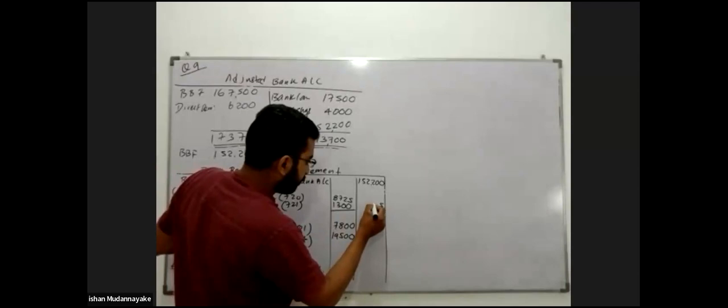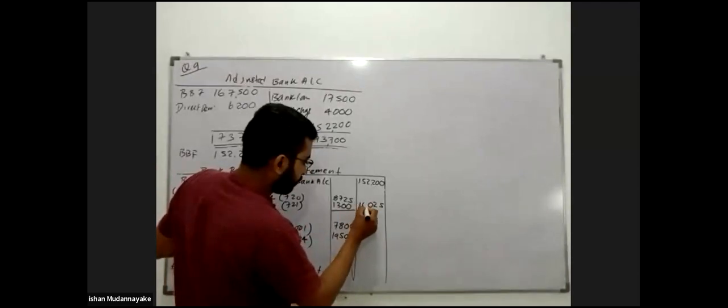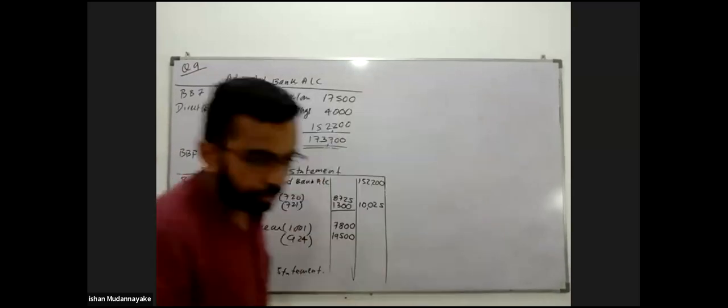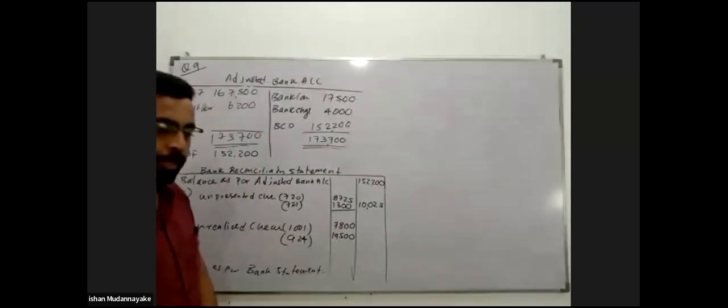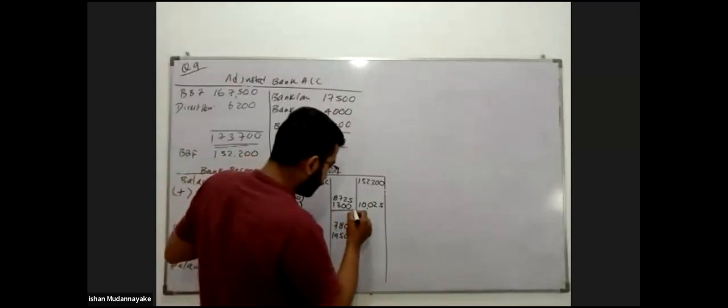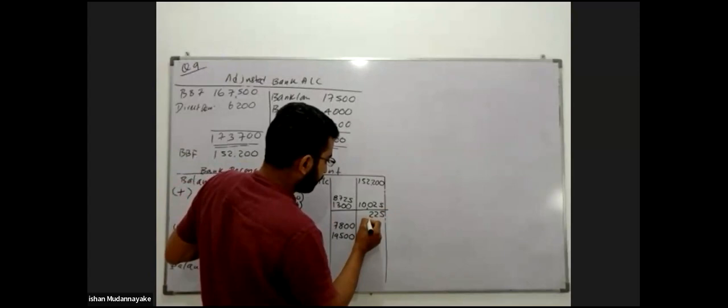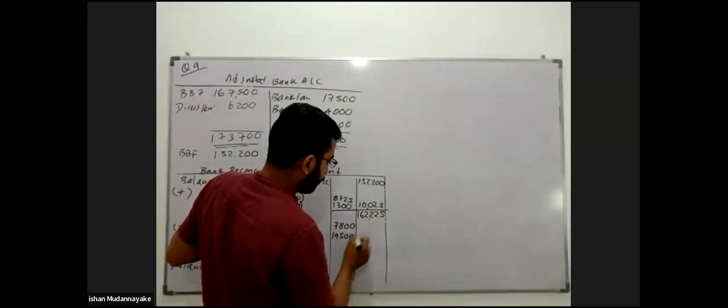Right. And then now, total unpresented check, how much? 10,025. Is it correct? Yes, sir. Total unpresented check 10,025. Then plus unpresented check, 162,225.